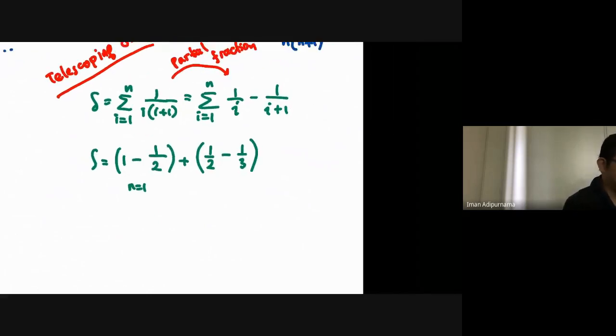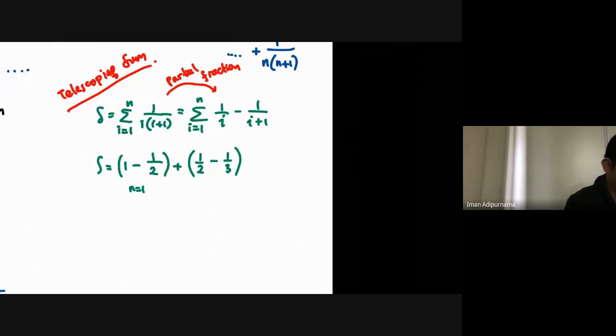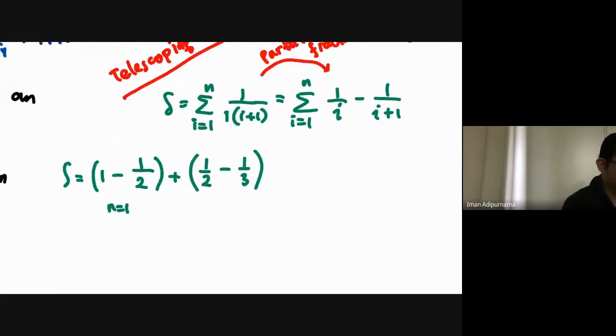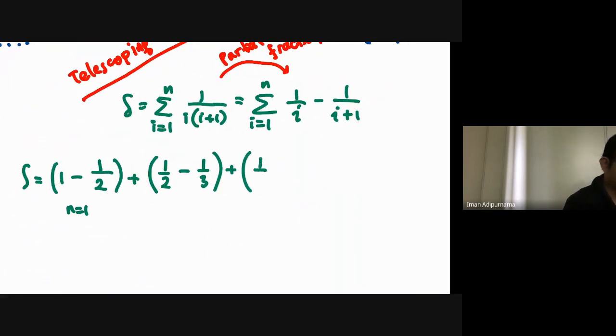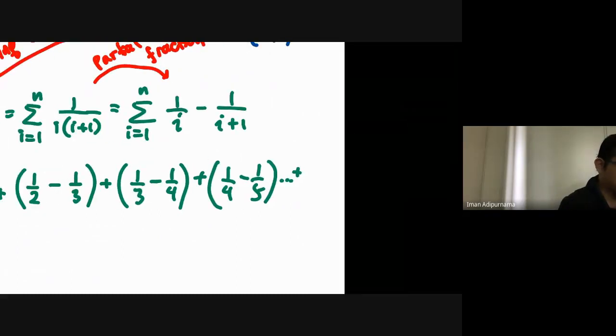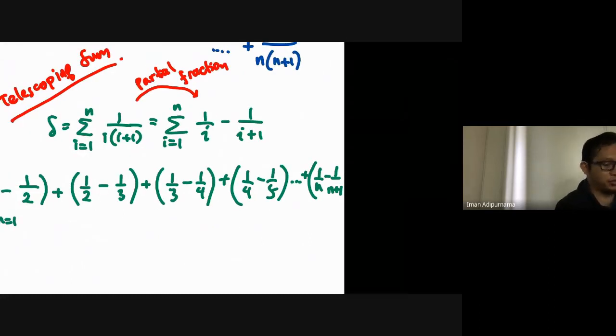Okay, and then maybe I need to move to the left a little bit, and then plus 1 over 3 minus 1 over 4, and plus 1 over 4 until you reach the end, and we say the end will be plus 1 over n minus 1 over n plus 1.